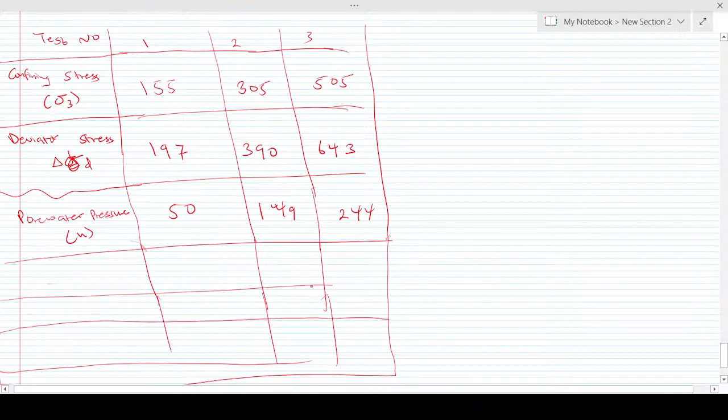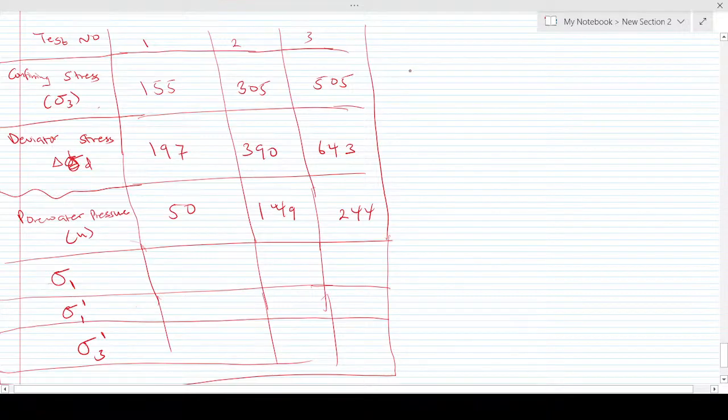This first row is going to be my sigma 1, which is my total stress. Then this one is going to be my sigma 1 prime, the effective stress, and this is sigma 3 prime, the effective confining stress. So I'm going to just go ahead and compute.